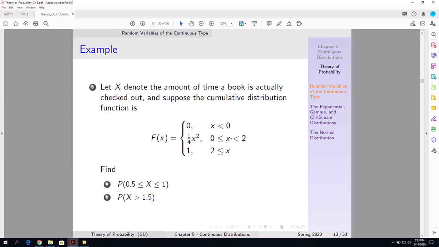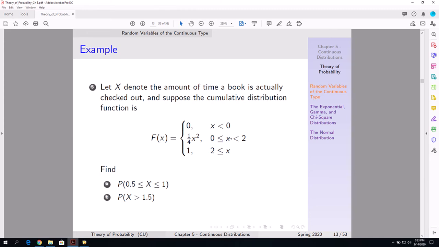Now, what about the probability that x is bigger than 1.5? Well, that's 1 minus the probability that x is less than or equal to 1.5, which is 1 minus the cumulative distribution function evaluated at 1.5.